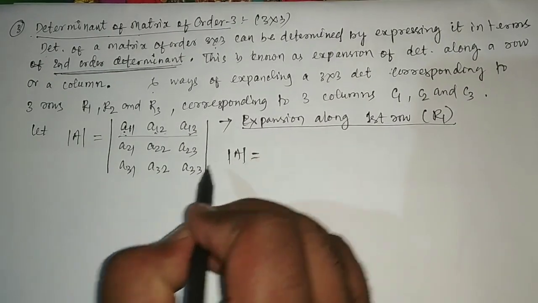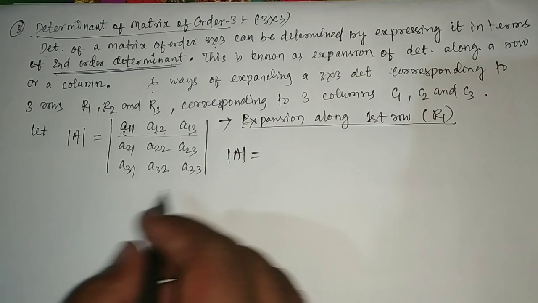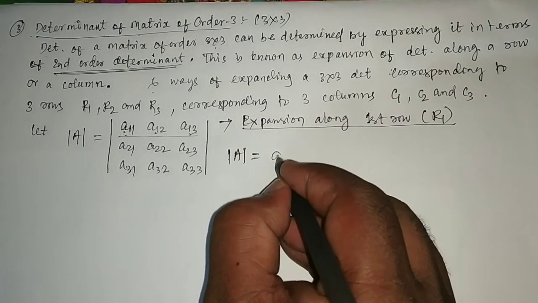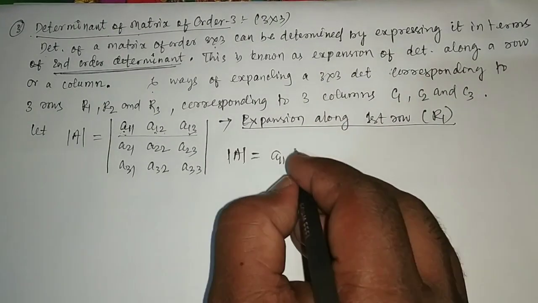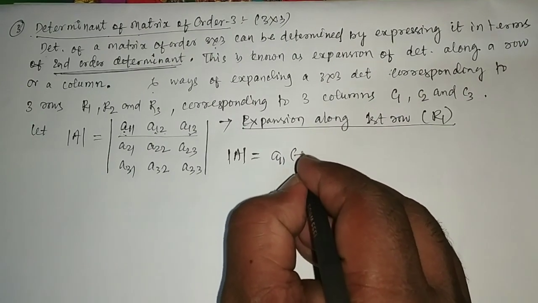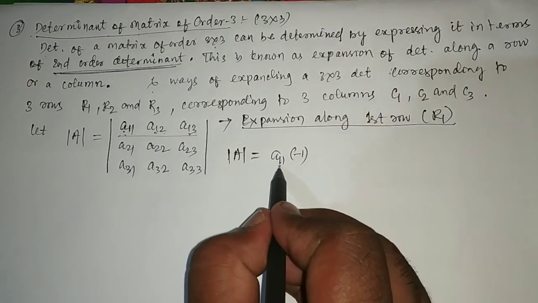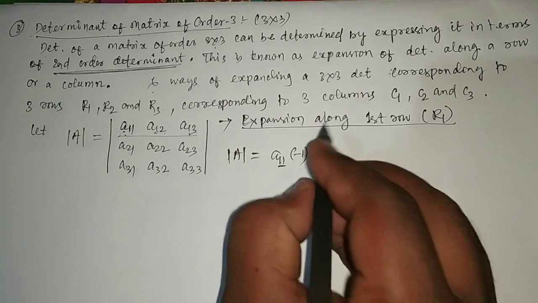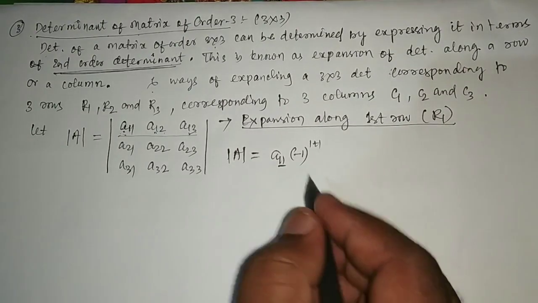So how can we find the determinant value? First write down the element A11 multiplied with minus 1 to the power of the addition of these two suffixes, that means 1 plus 1.